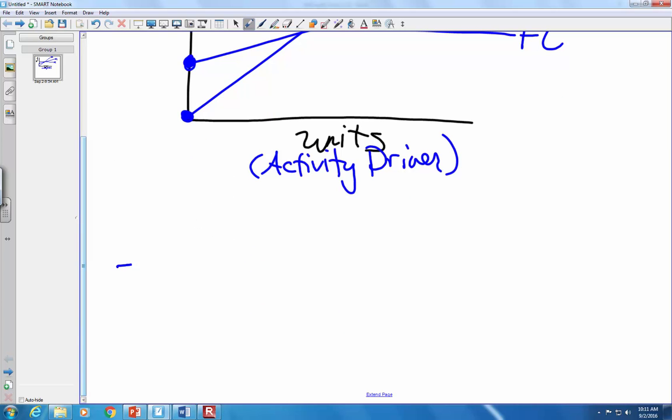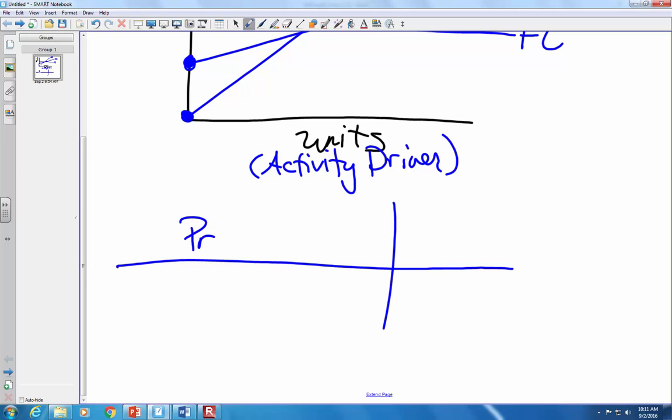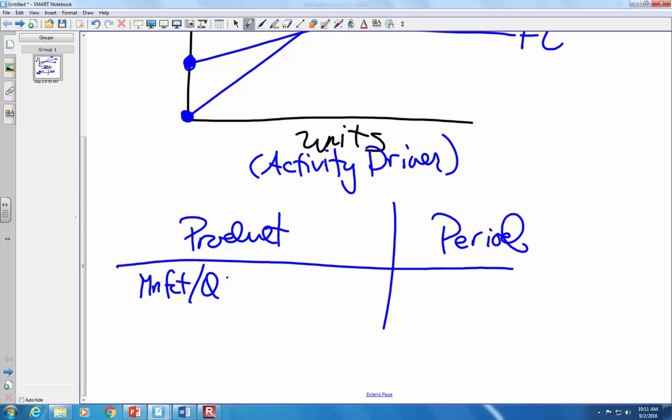So, we need to figure out, we need to draw this line in the sand and say anything before this point is period or product. So they manufacture, they do quality control, they package it, and then they push it to the finished goods warehouse.